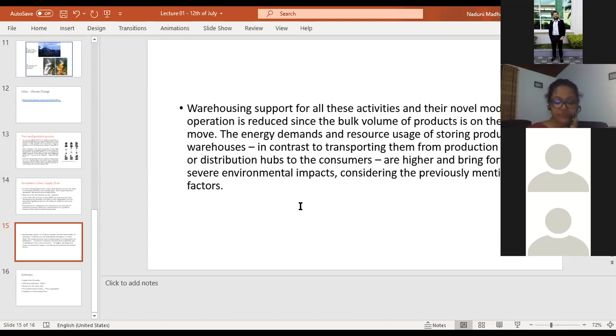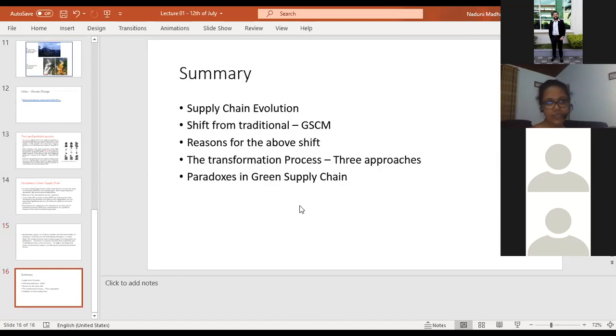Again, the infrastructure in the warehouse would involve a lot of energy. So these are some of the paradoxes when it comes to green supply chain.